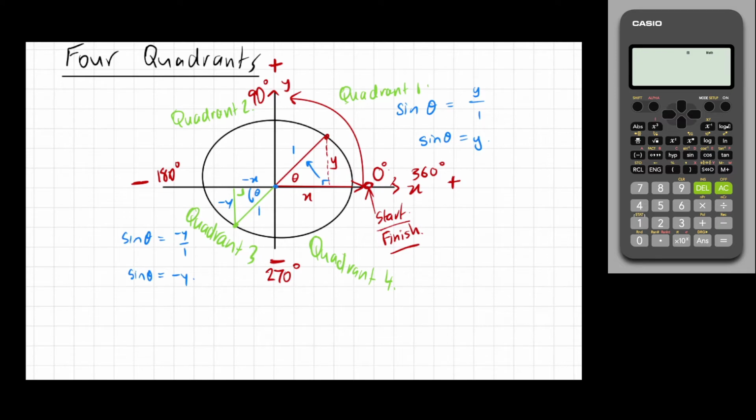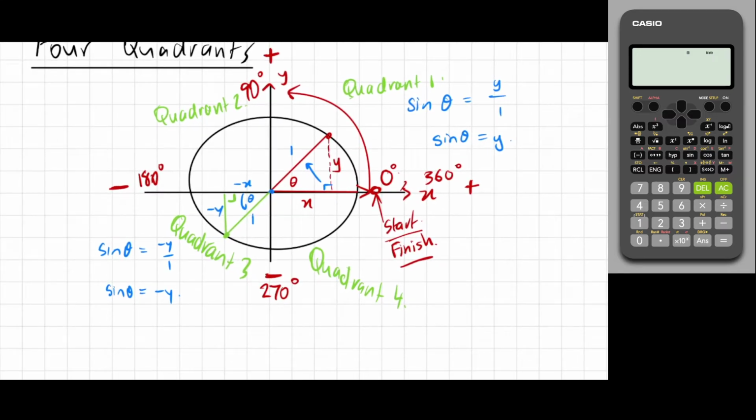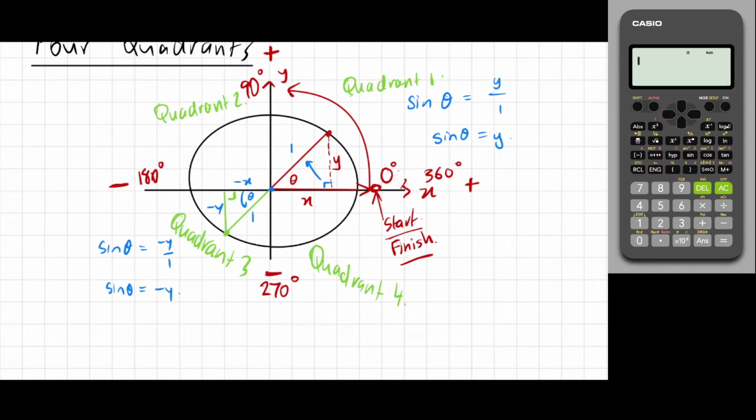Now, there's some special things about these quadrants. If you were to work out the sine, the cosine, and the tangent ratios in each one of these quarter circles, you're going to get a different value depending on which one you are in. We just looked before, sine in this one was equal to a positive number. I don't know what the number was, but it was positive.